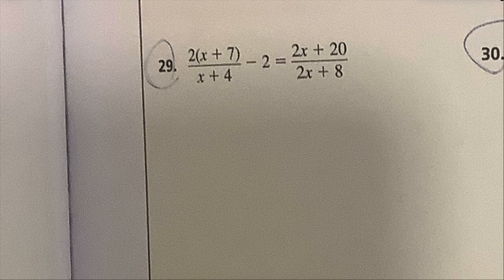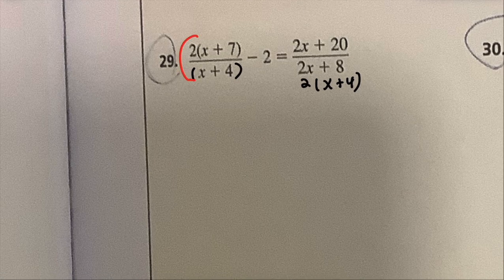We do not, in this case, care about the factors of our numerators. We only care about the factoring of our denominators, and our denominators are x plus 4 and 2 times x plus 4. So for an equation where you can't do a cross multiplication, you're going to surround the entire thing by parentheses, and we're going to multiply by the common denominator.